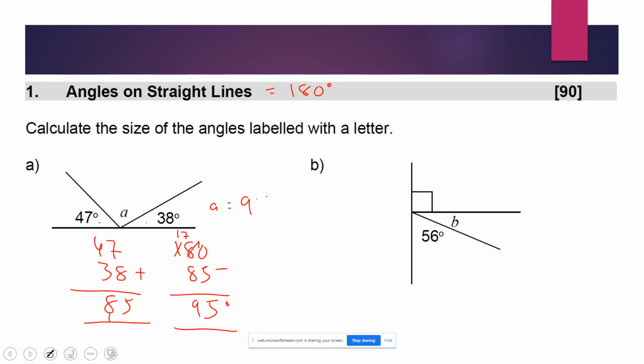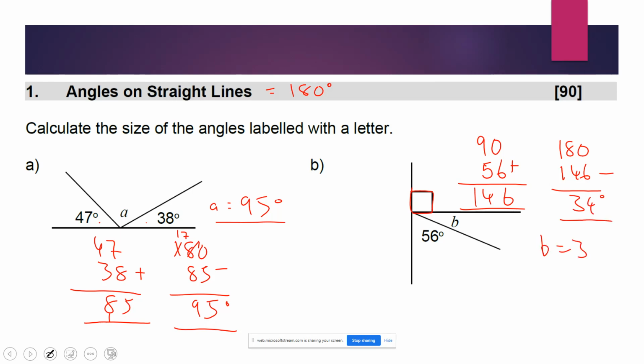A equals 95 degrees. Job done. Okay, this one, whenever we see the box, we know that represents a right angle. So if we add the 90 plus the 55, that's 145, 180 take away the 145, that gives us 35 degrees.